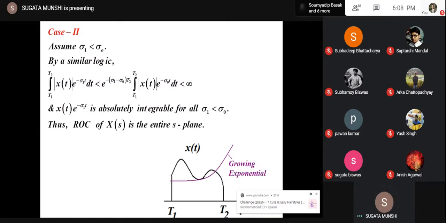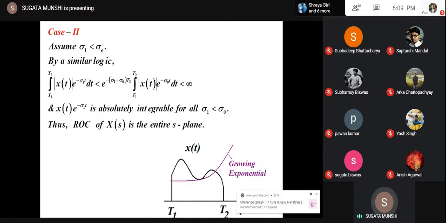Therefore, x(t) e to the power minus sigma 1 t is absolutely integrable for all sigma 1 less than sigma 0. So what have we shown? If x(t) into e to the power minus sigma 0 t is absolutely integrable, then x(t) into e to the power minus sigma t, for all values of sigma greater than sigma 0 and less than sigma 0, is absolutely integrable.